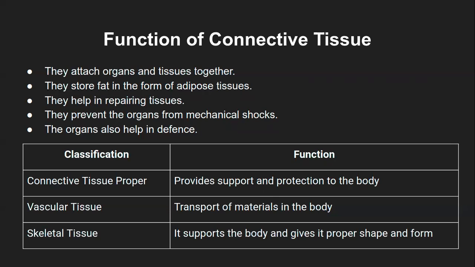All these organs are in their place because of the connective tissue. Otherwise, imagine you are jumping and all the organs are also jumping within your body. That does not happen. They move a bit because of the flexible nature of the tissue, but they don't displace from their place, because of the connective tissue present around these organs.